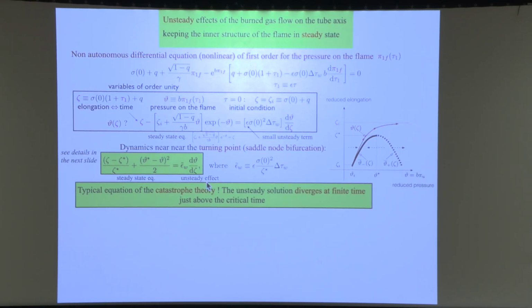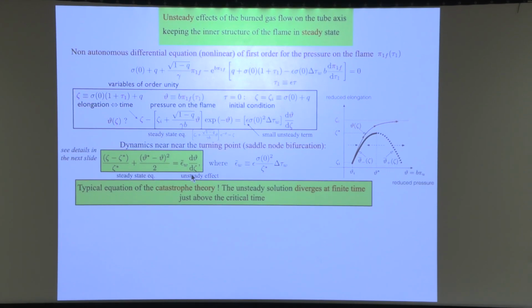Now it turns out that this equation, maybe you can remember the Riccati equation.